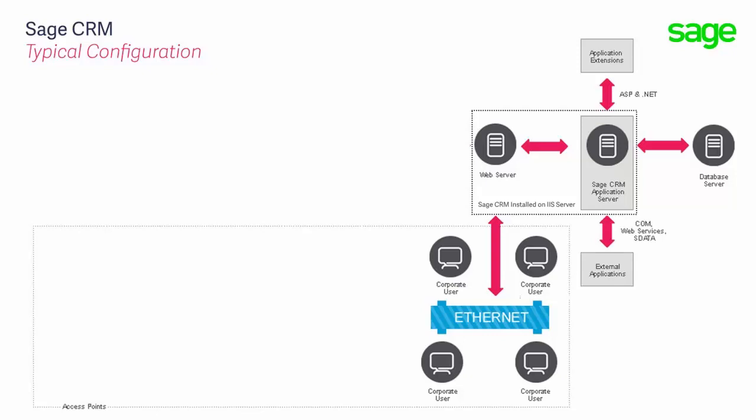Now, external applications that access Sage CRM follow the same security rules for the user sessions that they use. If a user cannot insert a company record in the main interface, then that user ID, when used for SOAP web services, for example, will neither be able to insert into the company table.